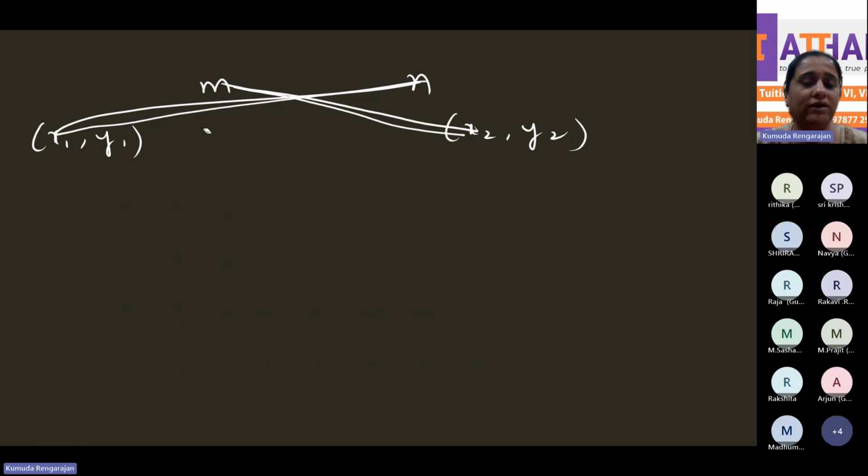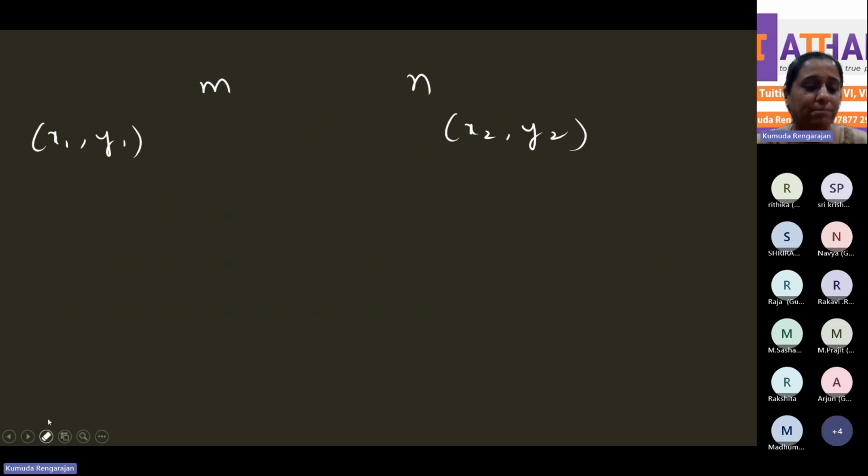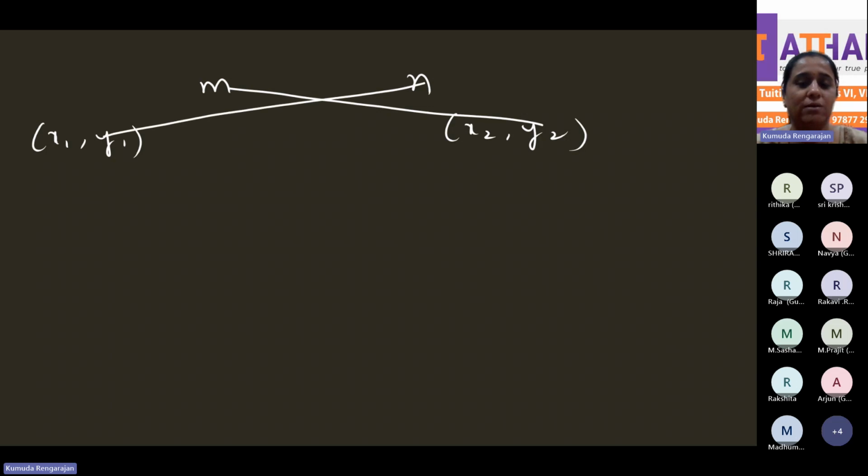And to find the y coordinate of P, it is m y2 plus n y1 by m plus n.